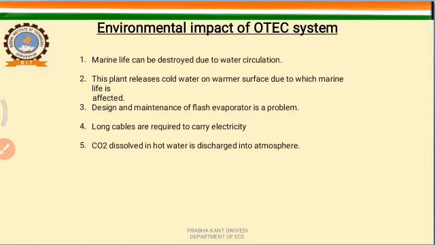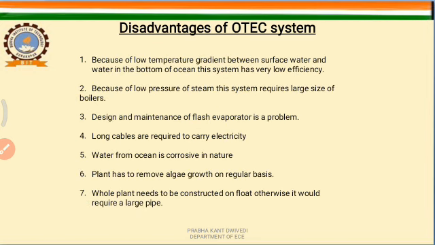In some countries, some of the disadvantages can be removed. Suppose we have to carry a long electricity cable, but if the factory or company where the electricity is used is also floating in the same sea, then this disadvantage can be removed.